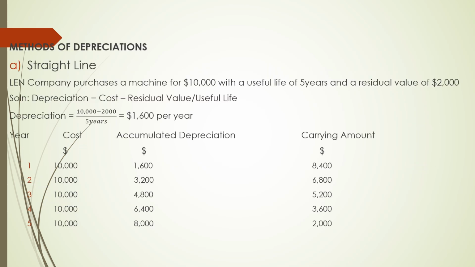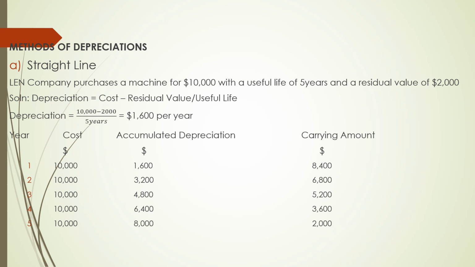So now we are going to go into how to calculate depreciation using the various methods. There are times when you will be required in a question to calculate depreciation based on the straight line method, or reducing balance method, or the machine hour.